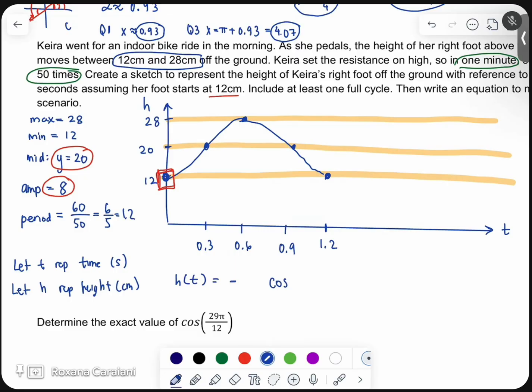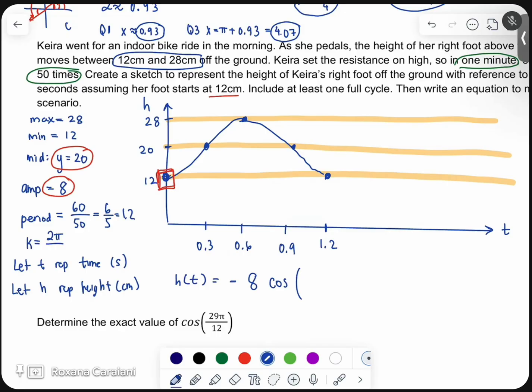Now we need the amplitude, which we already calculated to be 8. So the start of my equation is negative 8 cos. And then inside my bracket, there's no right-left movement, but I need that k value that will make the period be 1.2. Now a reminder, to find the k value, we're just going to take 2 pi and divide it by our period.